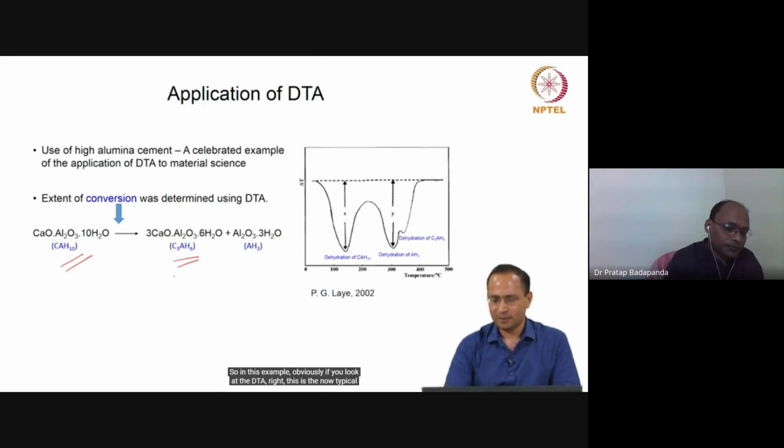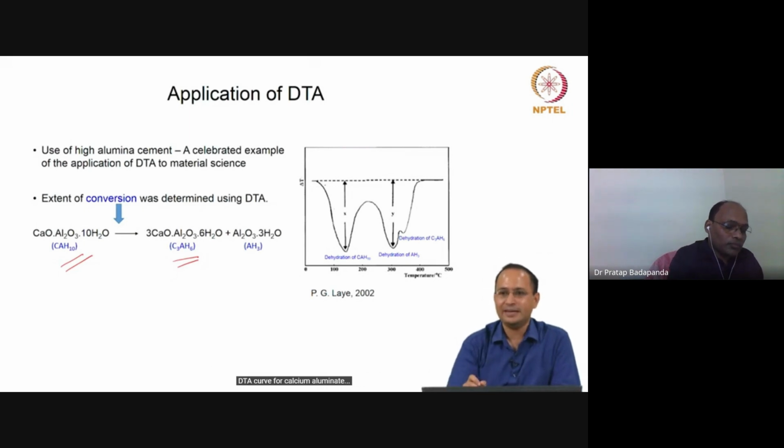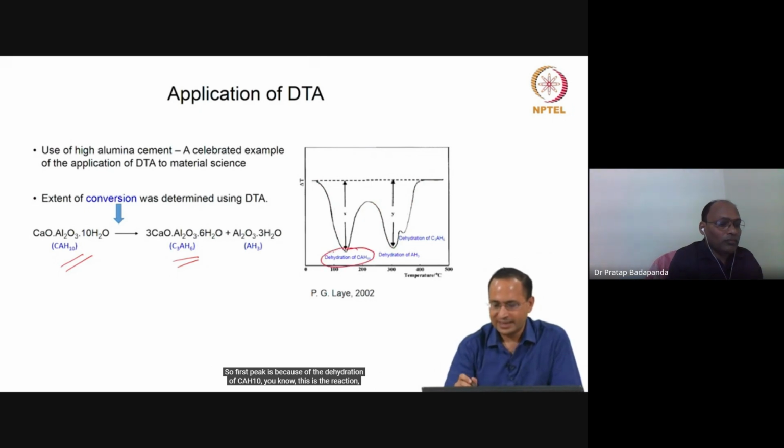So in this example, if you look at the DTA, this is the typical DTA curve for calcium aluminate cement. You see this peak, one peak, then this peak, right. So first peak is because of the dehydration of CaH10. This is the reaction, right.